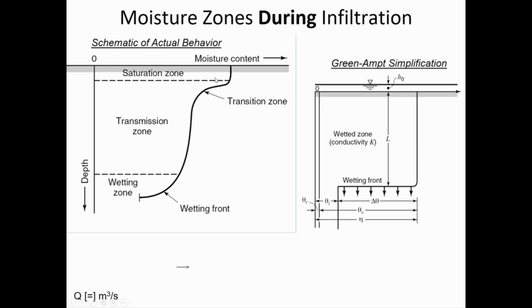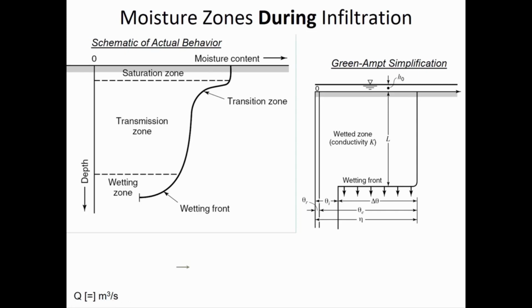This is a really complicated curve for us to be able to model directly. And so instead of modeling it directly, the Green-Ampt method, which is the most sophisticated of the two methods I'm going to share with you, says that we're going to assume the wetting front moves as a solid wave, that this transition zone is neglected.